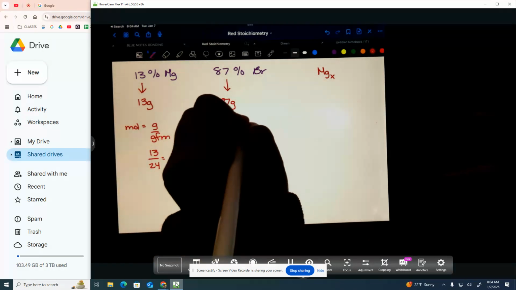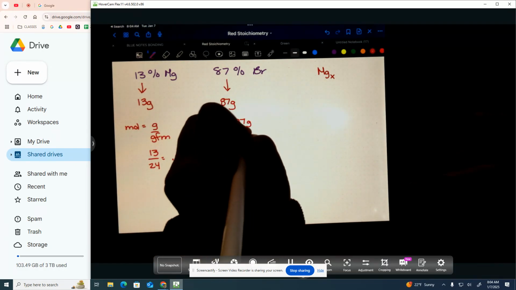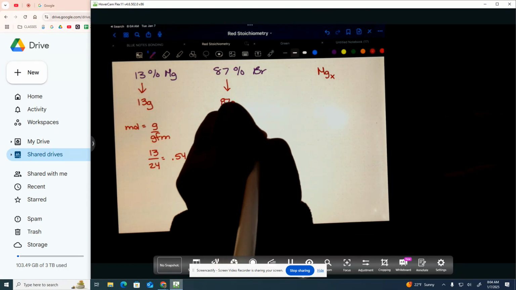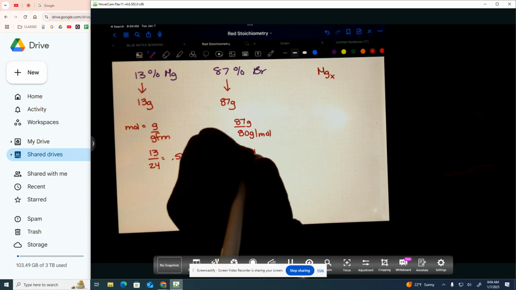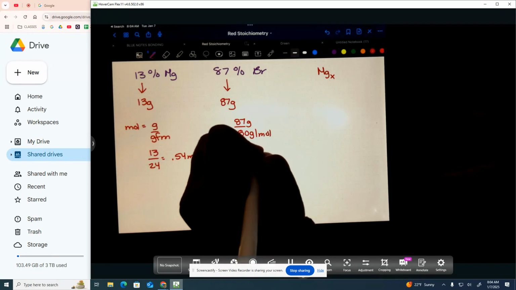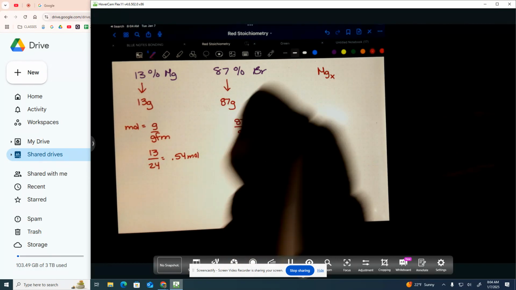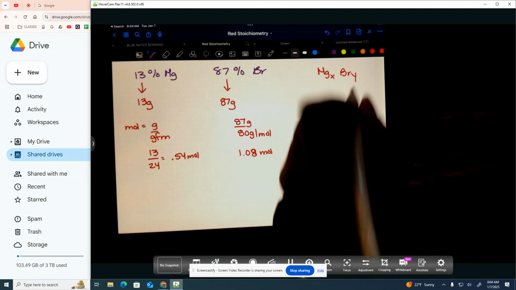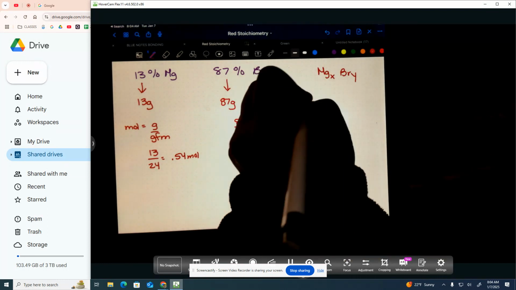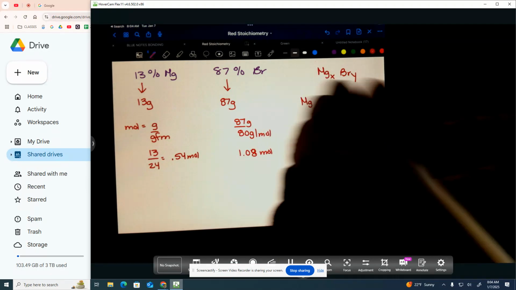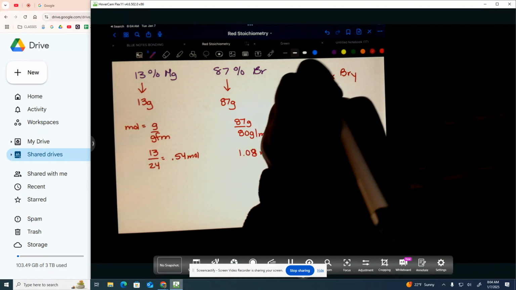Bromine, we're going to have 87 grams divided by 80 grams per mole. That's going to give us 1.08 moles. So bromine, that Y is going to be 1.08. So magnesium is 0.54.